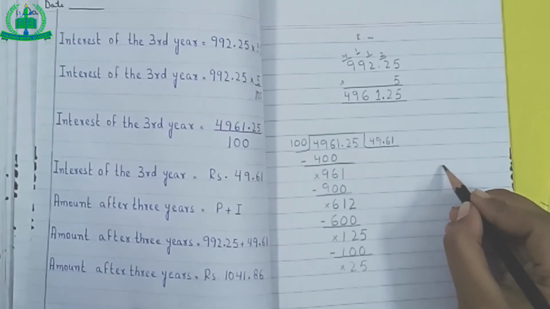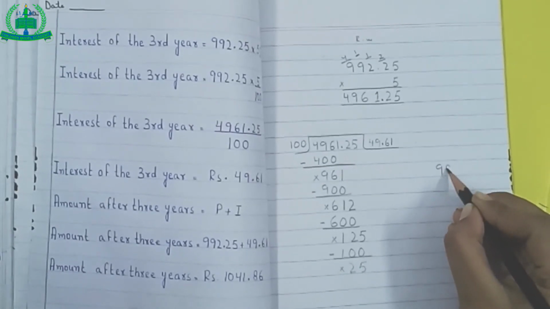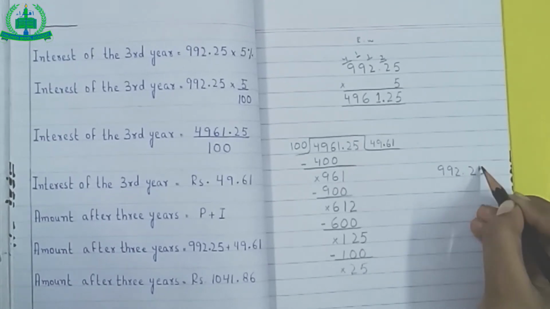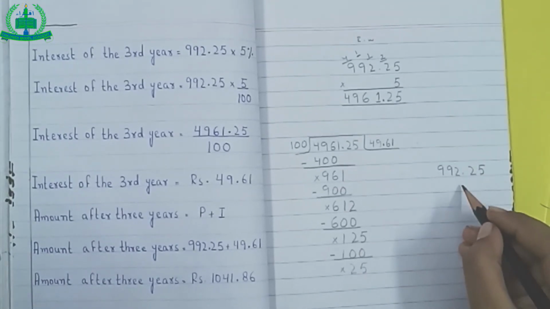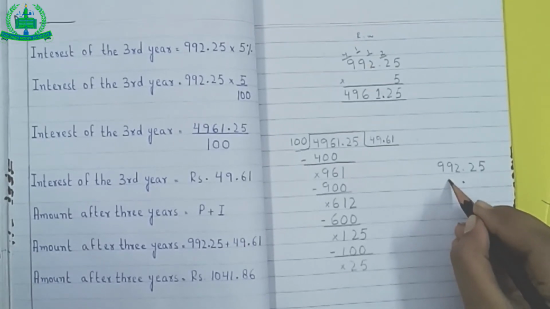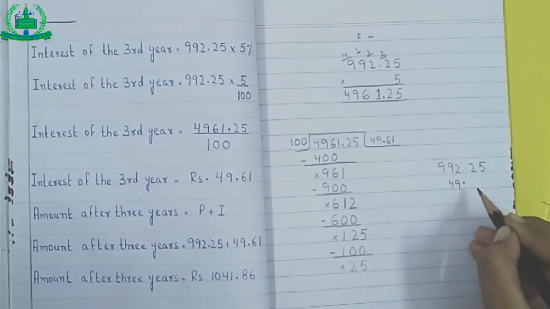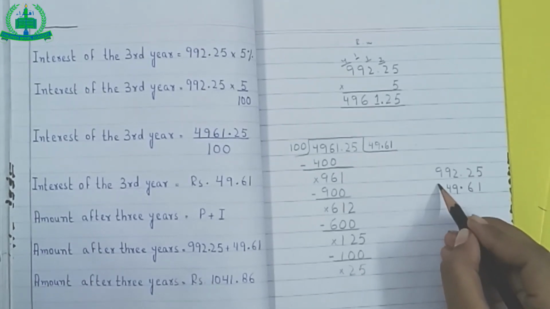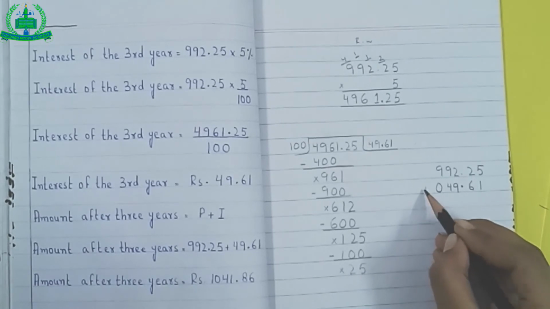Rough work. 992.25. When we do addition and subtraction, we make sure that we write decimal under the decimal. 49.61. We put 0 to balance the digits.